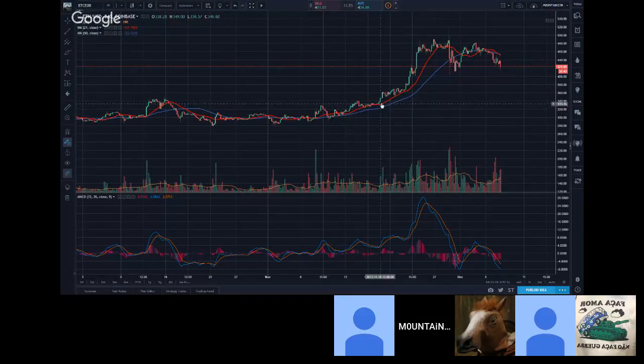We can see that it's really holding that 21 nicely. Pops up, comes over, touches it, really behaves nicely. Then we can see, wham, it slams right through.